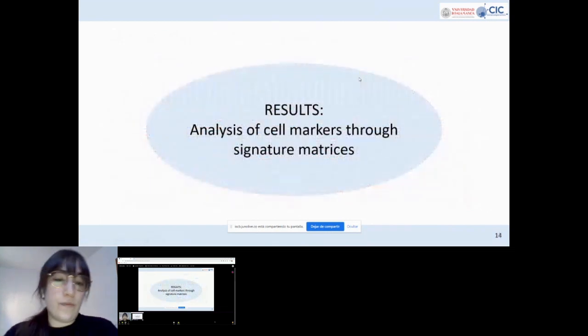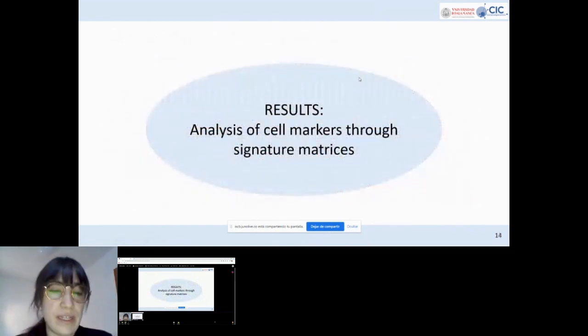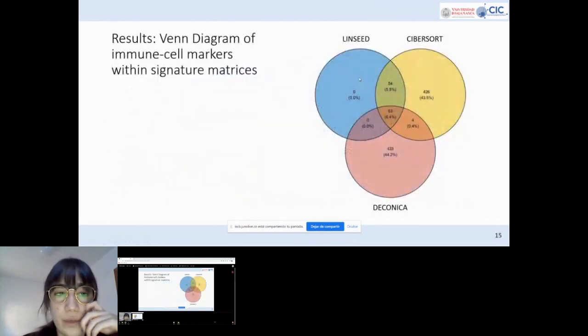In the last part of our investigation, we analyzed the cell markers through a signature matrix. We use the signature matrix provided by the authors of Cibersort as a reference matrix, and we compare this signature with the cell markers inferred by Linset and deCONICA, both of them unsupervised methods.